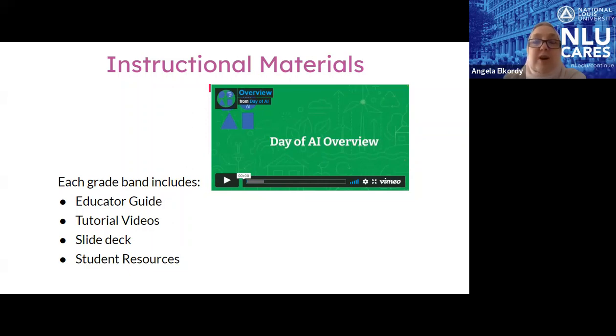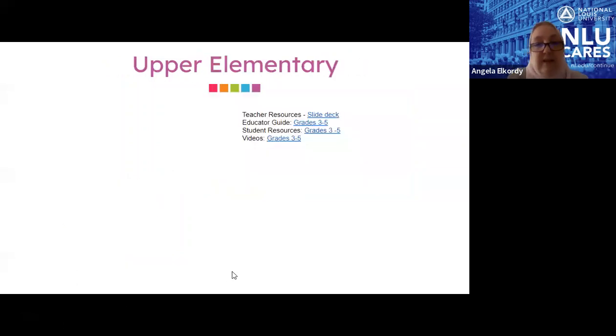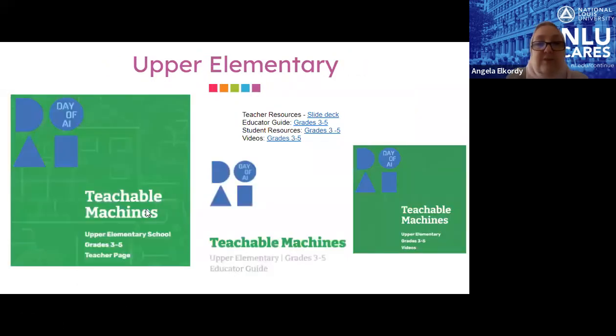There are 2 high school collections of materials, one for students that have never been exposed to AI, and then another that works in tandem with a computer science curriculum. So just want to explore these briefly, and then we'll go through a sample lesson, and then we'll give you some time to do some planning.